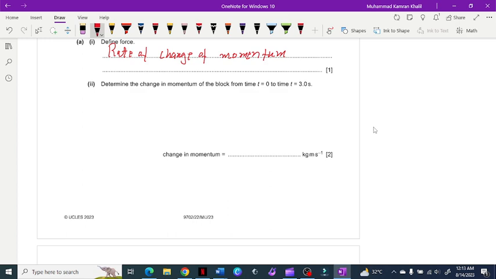Determine the change in momentum. Now it means that delta P is required. As we know that the time is given, and force is equal to rate of change of momentum, so we will make delta P the subject. So that is equal to F into t.